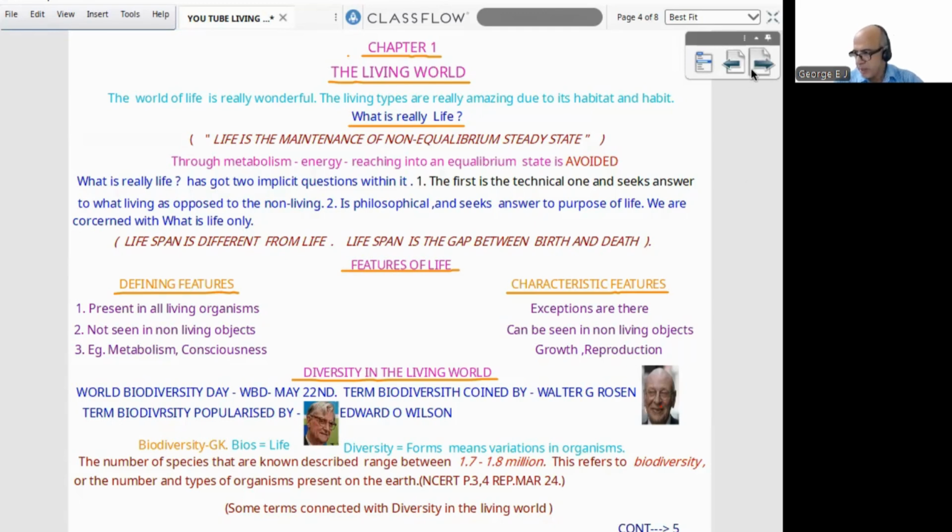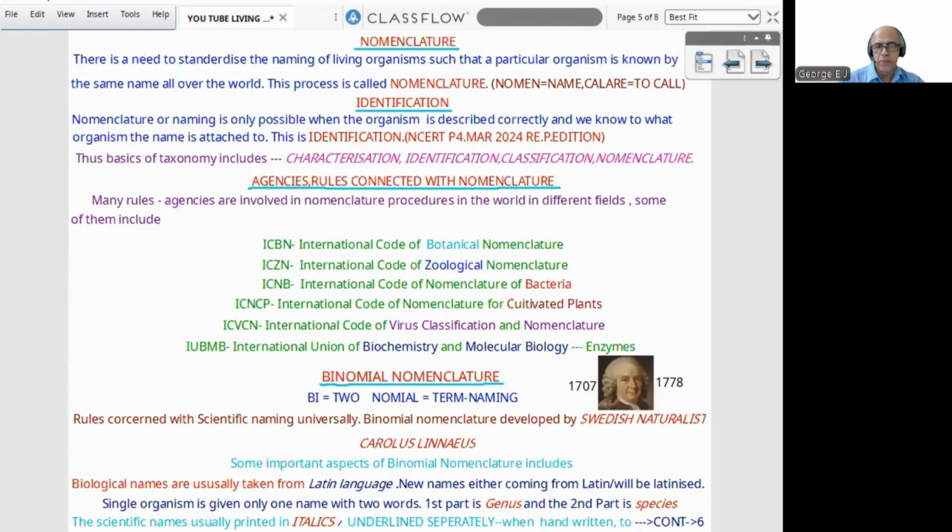Then some terms connected with the living world: nomenclature, naming, identification, and after that 4 steps: characterization, identification, classification, nomenclature. Then another important area, agencies concerned with nomenclature: ICPN, ICZN, ICNB, ICN, CPA, ICVCN, IUBMB. After that, binomial nomenclature, famous scientist Carl von Linné, 1707 to 1778, a Swedish naturalist.